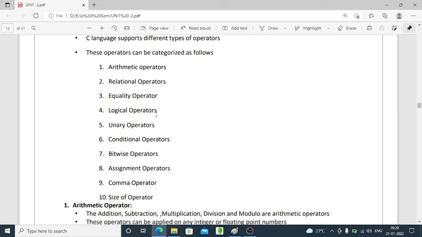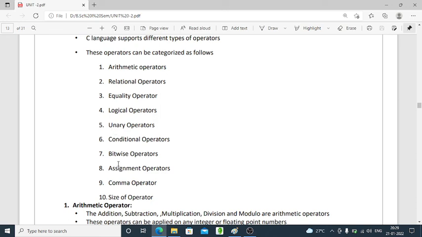In the case of logical OR, if anyone is true, the output is true. Otherwise, the output is false. In the case of logical NOT, you will get output 0 if the operand has value 1, and if the operand has value 0, then the output is 1. This is what logical operators are.